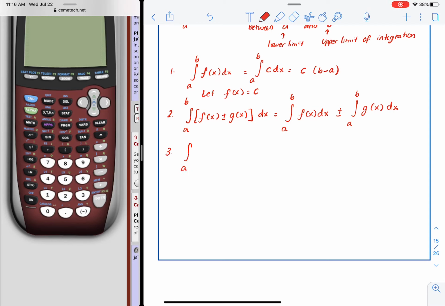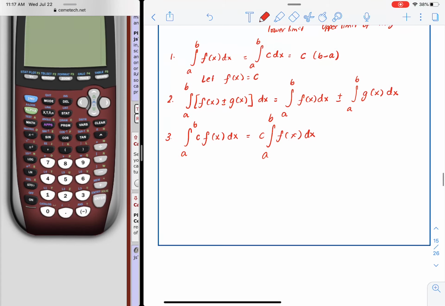If we have a constant multiple of a function, we can pull the constant out of the integral and evaluate the integral by itself. That goes back to pulling the constant out of a Riemann sum. It is the same thing.